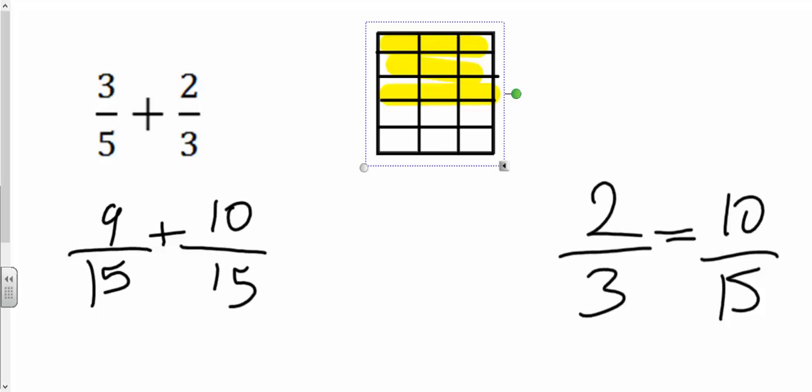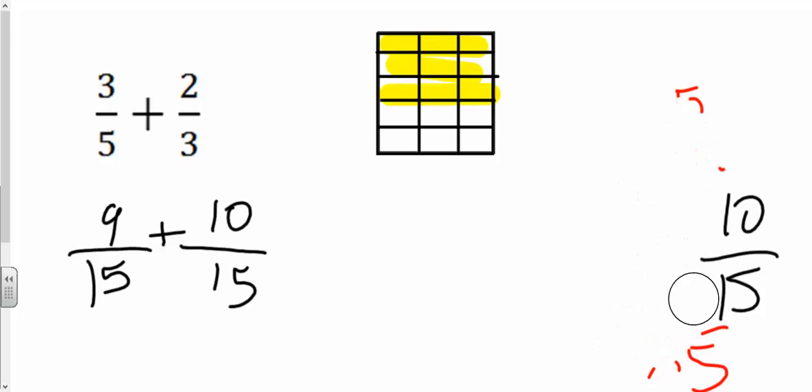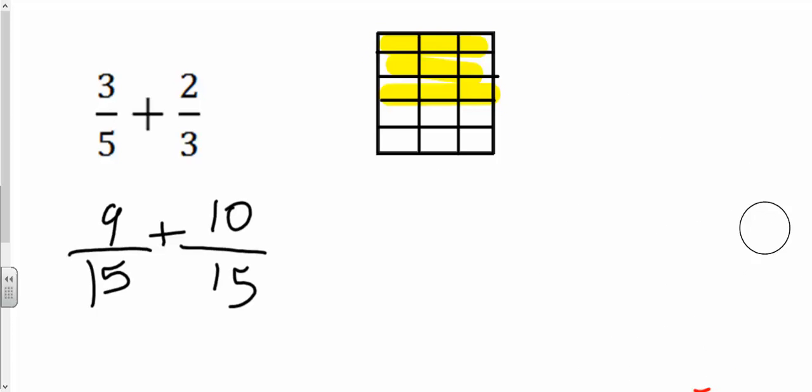Okay, and if you'd like a nice quick method for that, what we've done is we've multiplied the denominator by 5, so we must do the same to the numerator so that it remains the same fraction. Okay, so we can rewrite 3/5 added to 2/3 as 9/15 plus 10/15, which gives us 19/15.